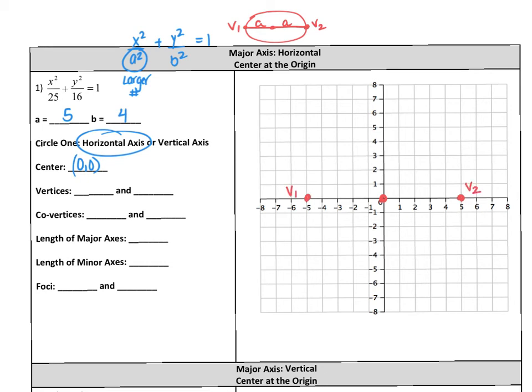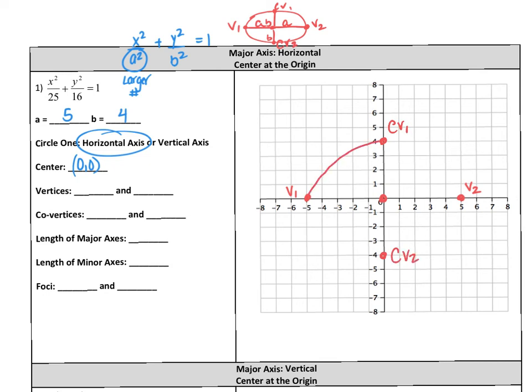vertex 2. b is the distance of 4, and b is the distance from the center to the co-vertices up here. So b and b, we'll call this CV1 and CV2. Since the b value is 4, we're going to go from the center and go up 4 and down 4. And we'll label these co-vertex 1 and co-vertex 2.